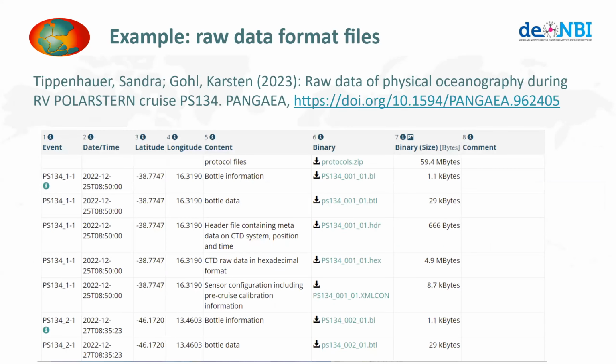So there's another example of binary data, which is actually very similar, but this time it's raw data format. The big difference is that it's not images, but a different set of data in different formats. And so there is an additional column which explains the content of the files.